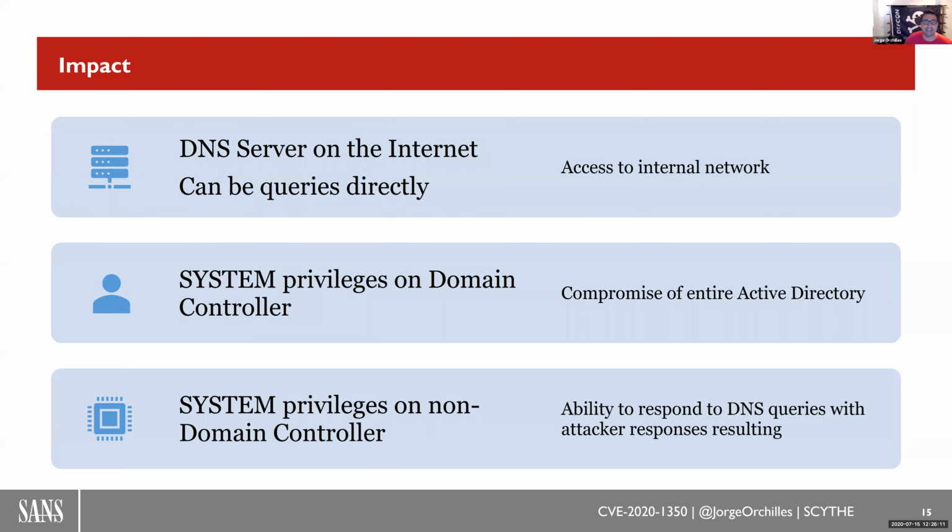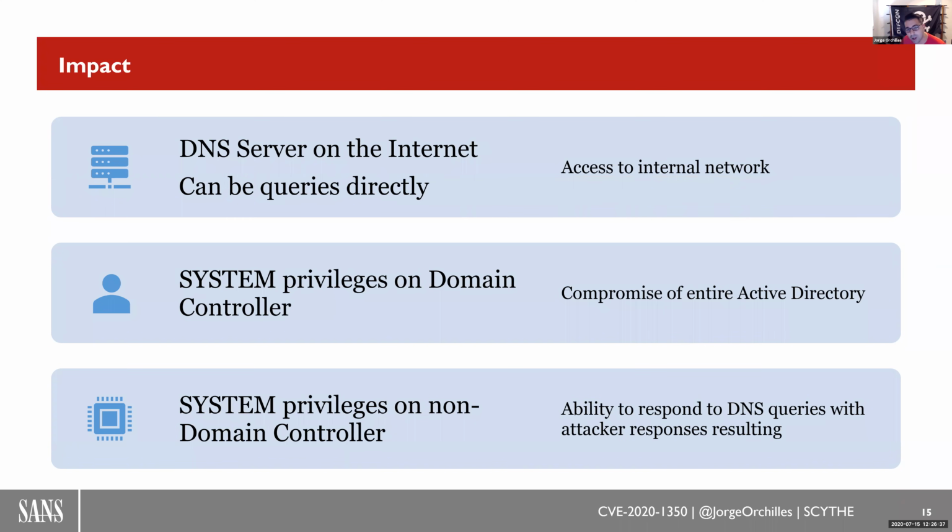If you have a DNS server on the internet, and in particular, a Windows DNS server on the internet, and you allow queries in, and those queries can be recursive, then you are at higher risk, right? We don't believe there are many of these, but this is probably the worst case scenario. Look into it. What would happen if someone compromised your DNS server?